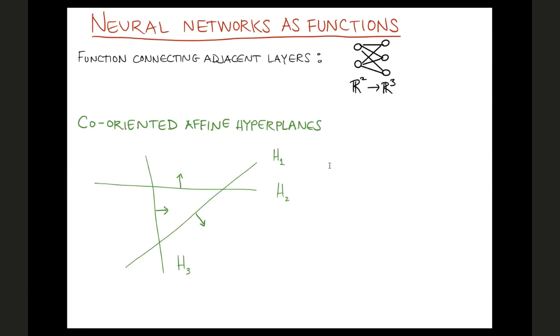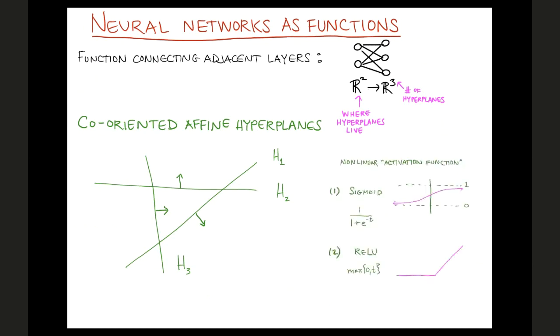Here, the 3 is the number of hyperplanes, and the R2 is where the hyperplanes live. Actually, it's a bit more than this: the arrows also have lengths, but most of the information in terms of the topology is really just the co-orientations and the hyperplane arrangement itself.